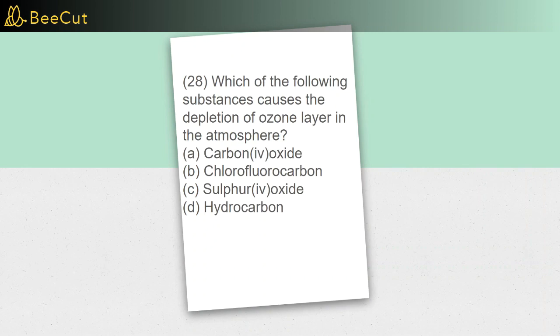Which of the following substances causes the depletion of ozone layer in the atmosphere? A. Carbon dioxide, B. Chlorofluorocarbon, C. Sulfur oxide, D. Hydrocarbons. The best answer is option B, chlorofluorocarbon, which causes ozone depletion.